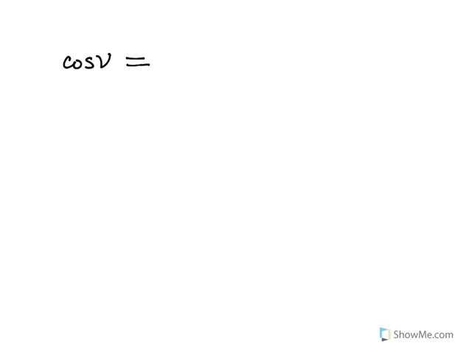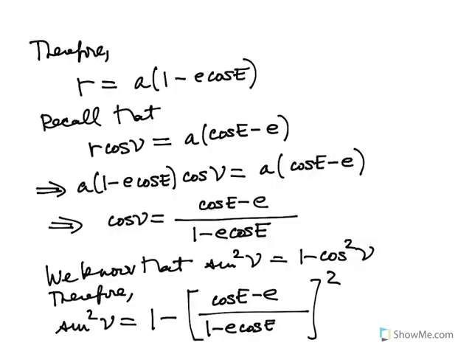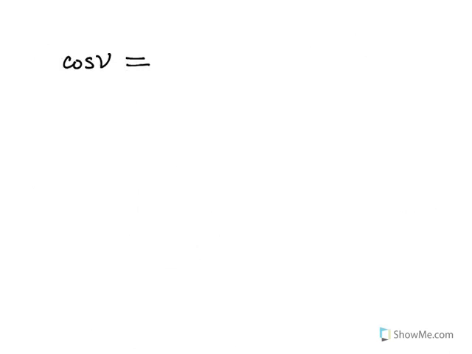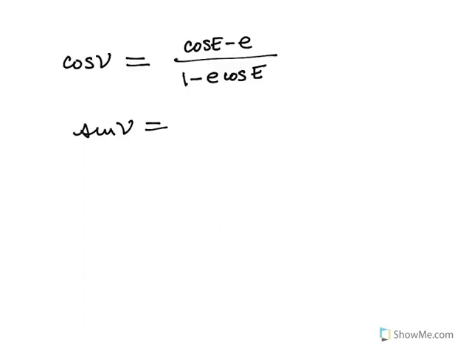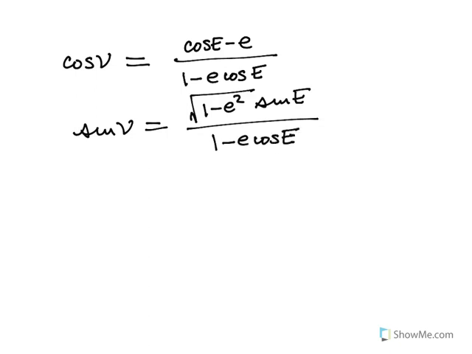So the cosine of nu is equal to, let's go back and get it from earlier, cosine E minus e over 1 minus e cosine E. And then we have the sine of nu, the last expression that we just got, which is the square root of 1 minus e squared times the sine of E, all divided by 1 minus e cosine of E. Now together, we can actually use these expressions to get a relationship between the true anomaly nu and the eccentric anomaly E as follows. But we need a trigonometric identity in order to make this happen.